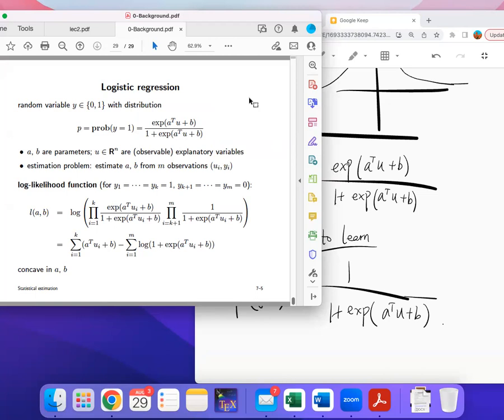The other thing is that here we use this logistic model to model this probability, but you can also use neural networks to give it more flexibility, right? So you just replace these exponentials by neural networks, and then it becomes a deep learning problem. That is essentially deep learning.